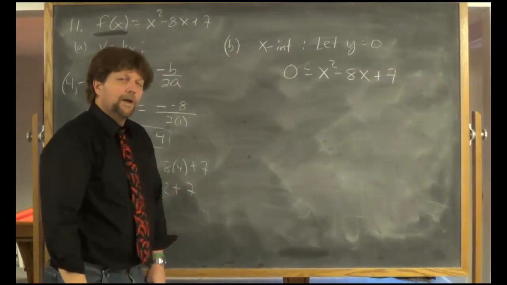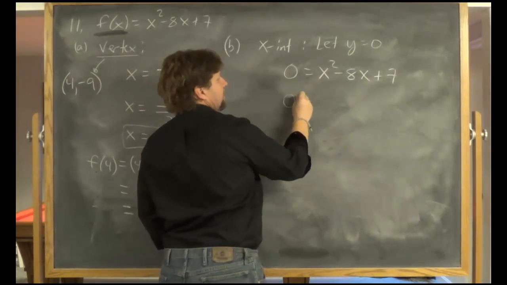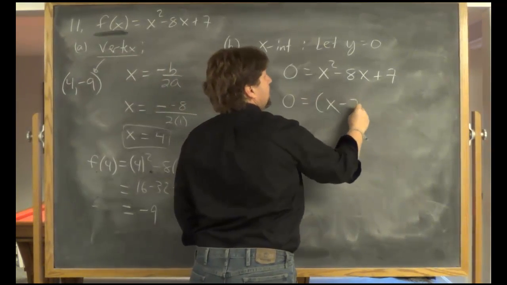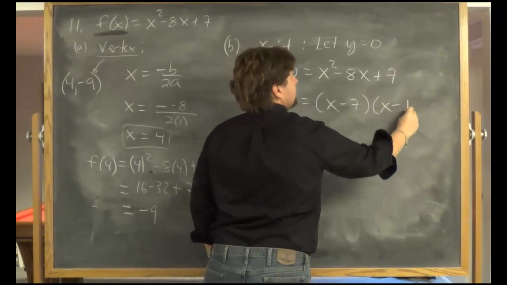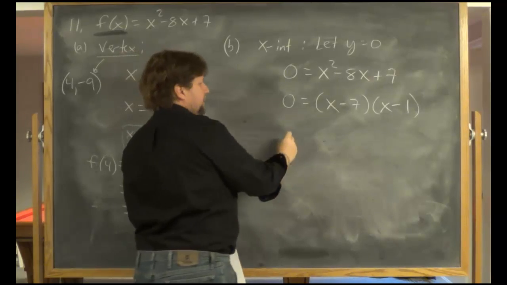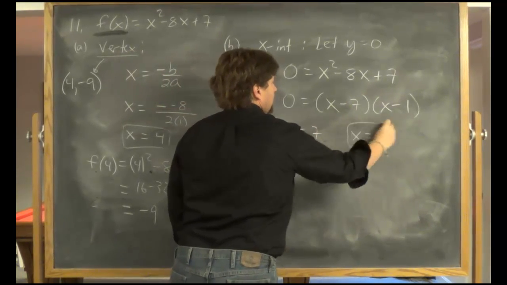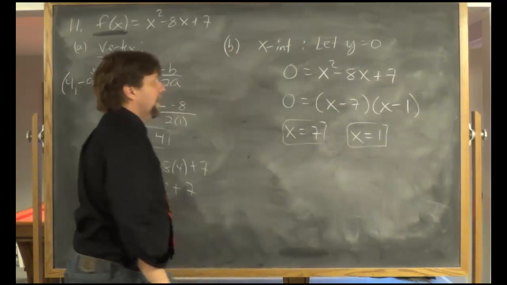and you have a nice little quadratic equation you have to solve. Fortunately for us, this one factors to (x - 7)(x - 1). Set each factor equal to 0, and you'll see x is 7 or x is 1.